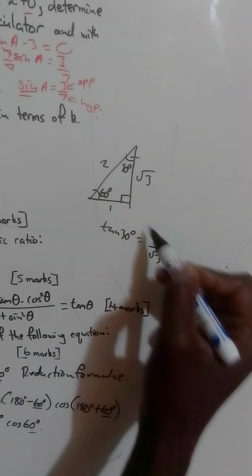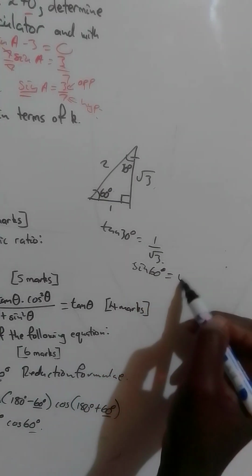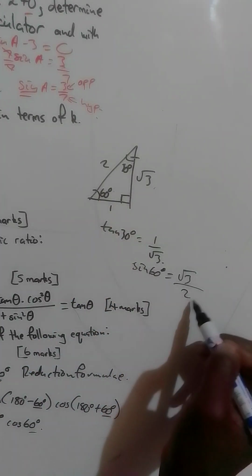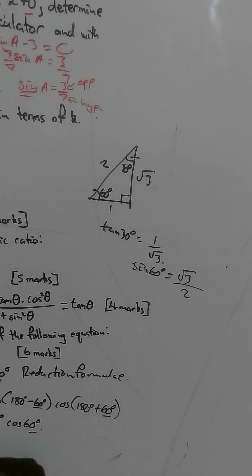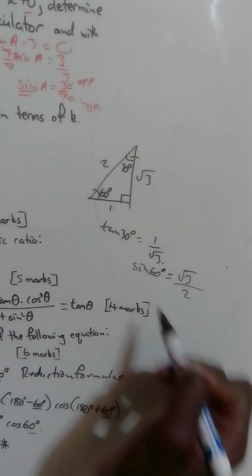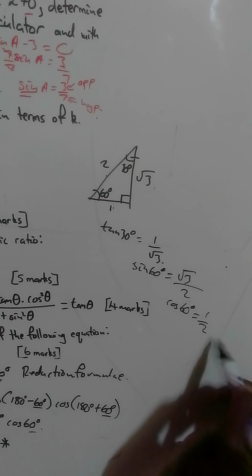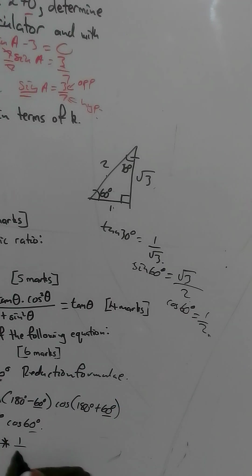Opposite is square root of 3, hypotenuse is 2, so sin 60 degrees is square root of 3 over 2. So I update on this other side, square root of 3 over 2 multiplied by cos 60. Cos is adjacent over hypotenuse, which is 1 over 2. So I say multiplied by 1 over 2.